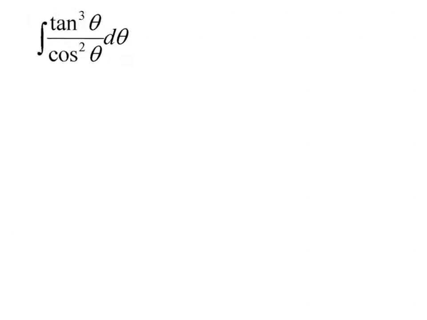This one I wanted to show you that a little bit of rewriting can maybe make this easier. Now certainly you could do this as sine cubed over cosine cubed divided by cosine squared, which would be sine cubed over cosine to the 5th, and then you could try and do some adjusting like we did before. But I think it's going to be much easier to rewrite this in a couple of steps.